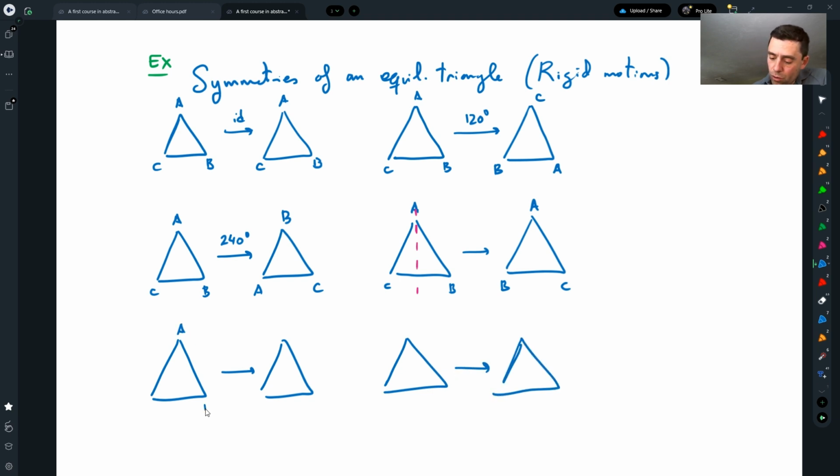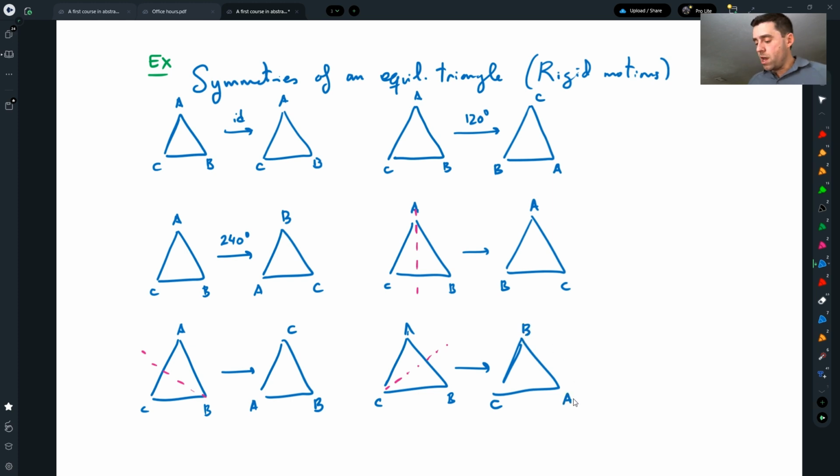There are other such reflections. Let me draw A, B, and C. I can do a reflection about the B line or about the line that goes through C. In this one, B will stay put. Here, C will stay put. In this one, A and C get permuted, and in this one, B and A get permuted.